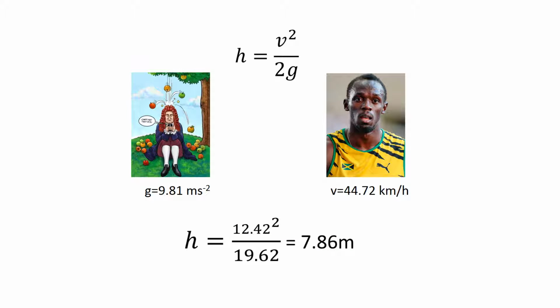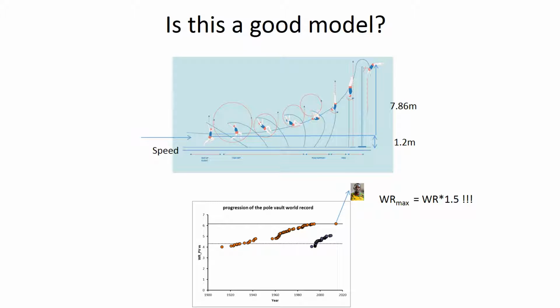So we've got 12 meters per second, and we've got 9.81 meters per second squared for g, so we can work out the theoretical maximum height a person could pole vault is 7.86 meters. In the model, that's the amount of height your centre of mass increases from when you're running until you go over the bar.